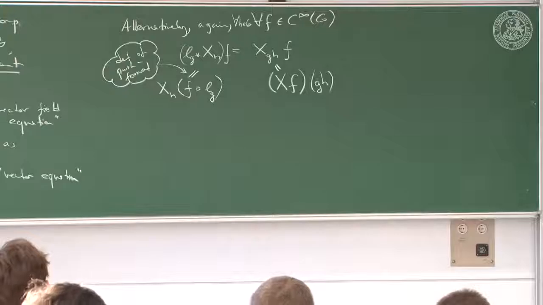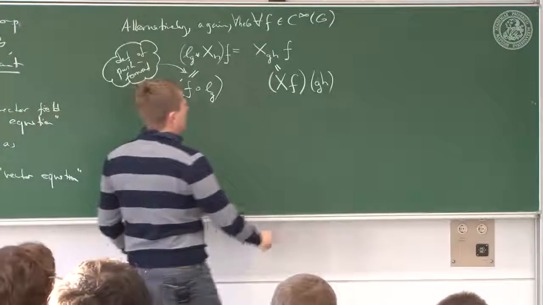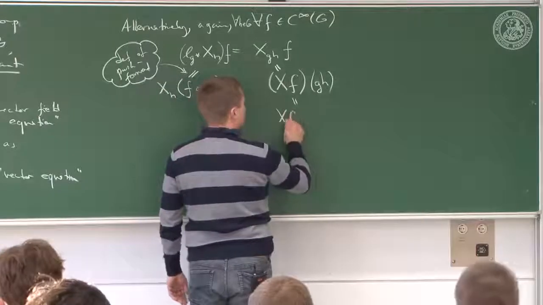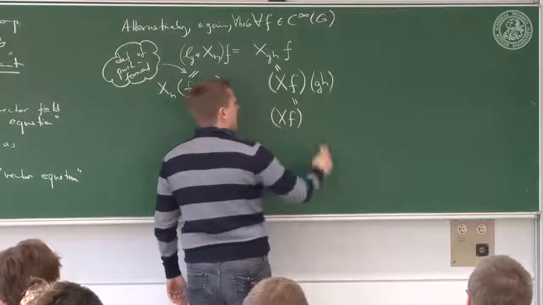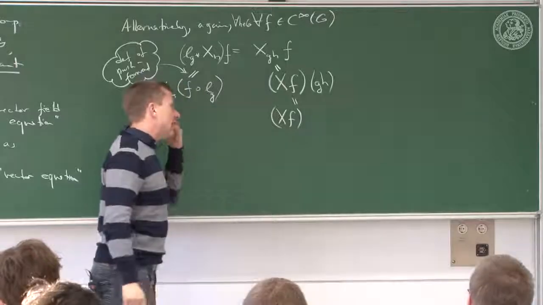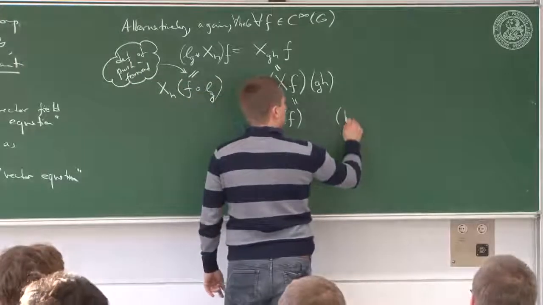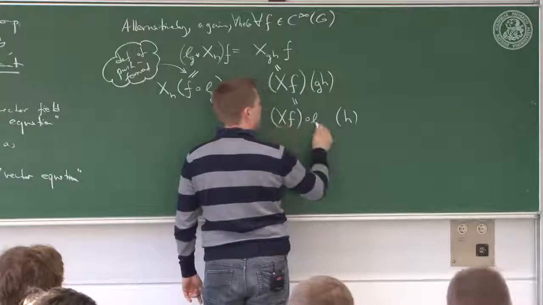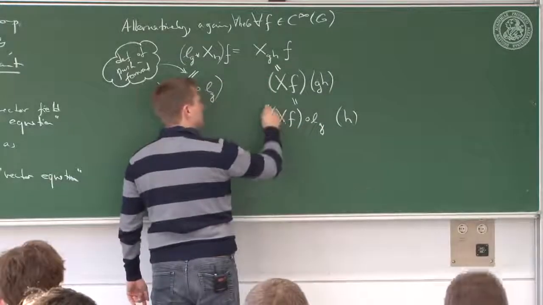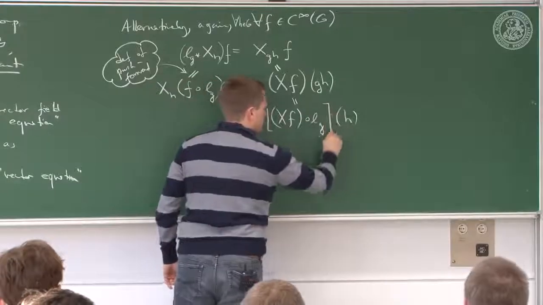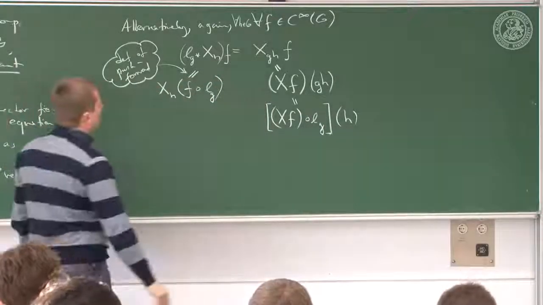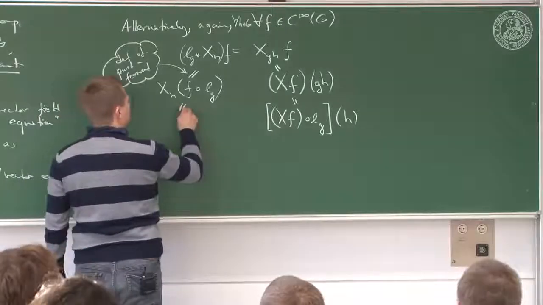It's also clear. But now I'd like to massage this one bit further, namely I say this is XF, and I don't evaluate at GH, but I want to evaluate at H, but then I have to compose this function with the function LG and evaluate the result at H. Okay? But the same trick I can pull here.